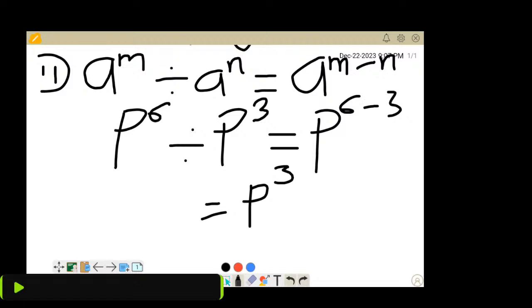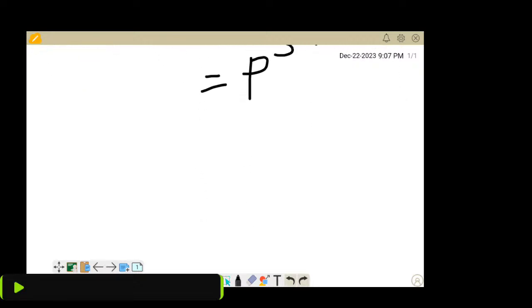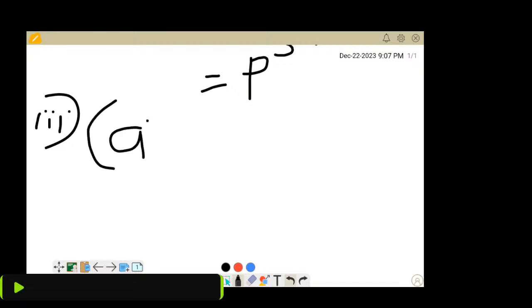Okay, now the third one that has to do with the power. If you have an expression in the form of a raised to power m, close bracket, raised to power n, you know that when we have brackets, a bracket is simply talking about multiplication.